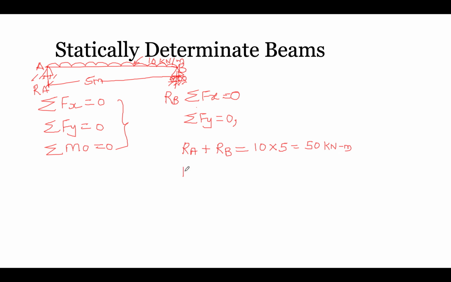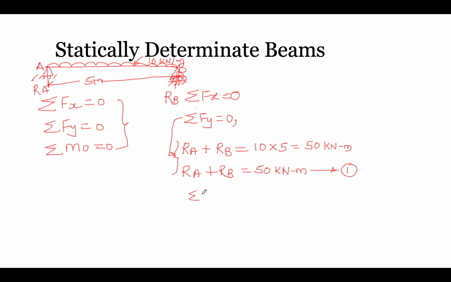So our first equation becomes Ra plus Rb is equal to 50 kilonewton. This becomes our equation number 1. So we have used summation of forces in y direction.